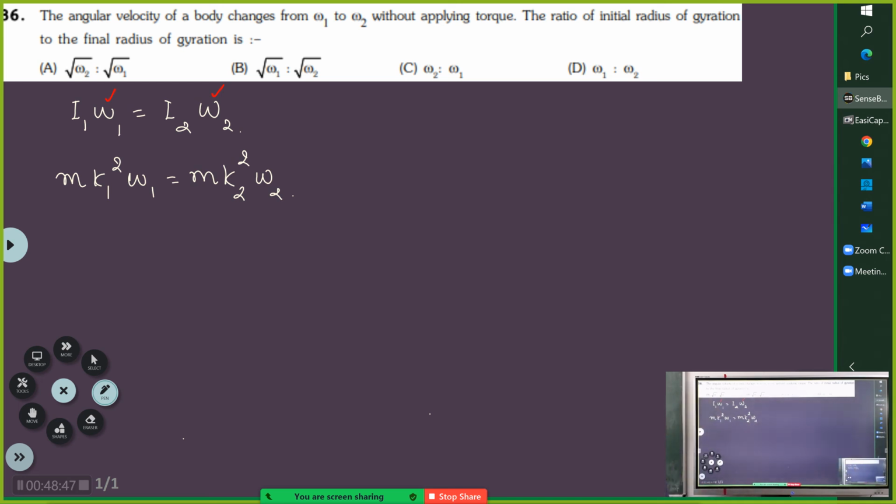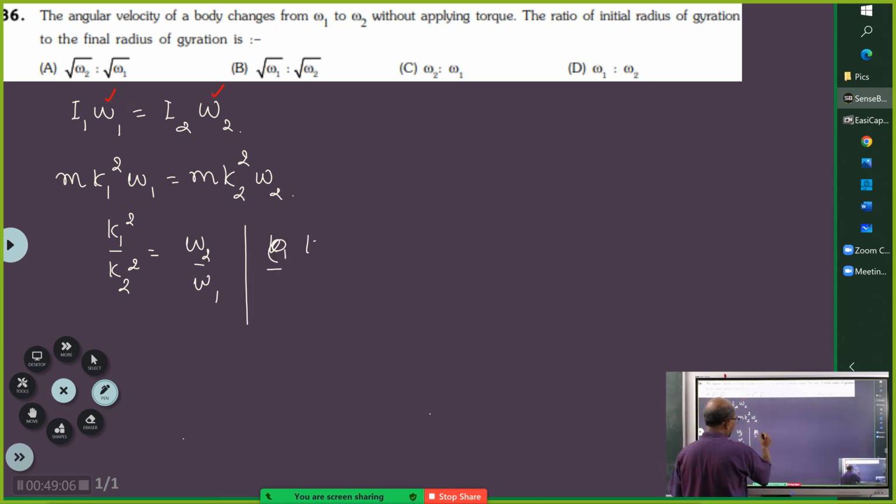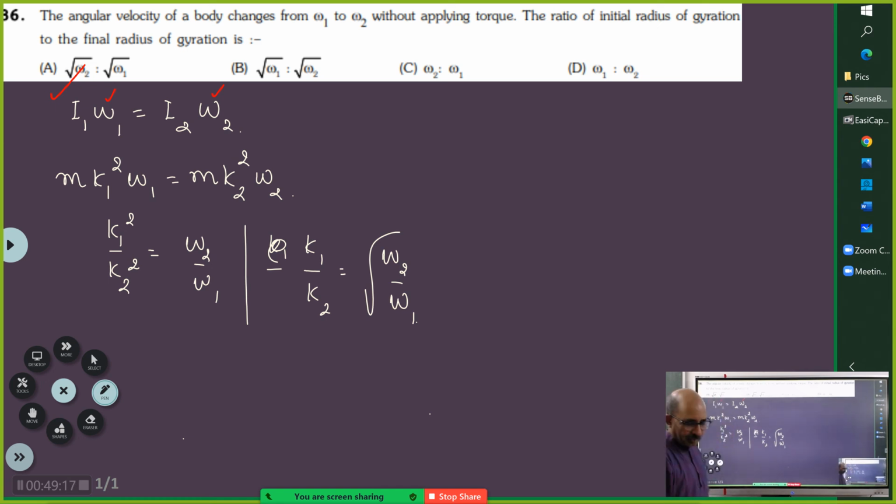They ask the ratio of the initial radius of gyration to the final radius of gyration, so take k1 as initial. Here k1 square by k2 square will be equal to omega 2 by omega 1, or k1 upon k2 will be equal to root of omega 2 by omega 1. So A is the option.